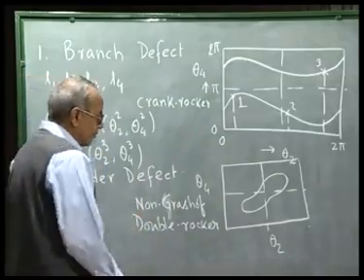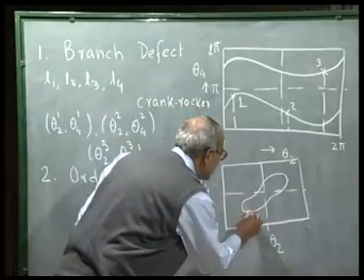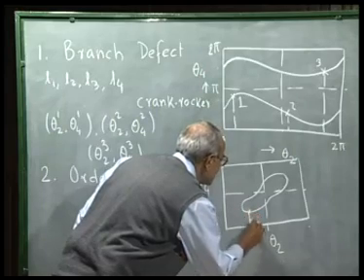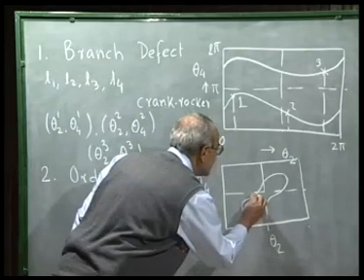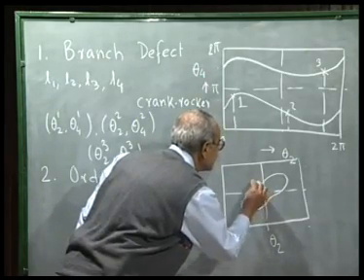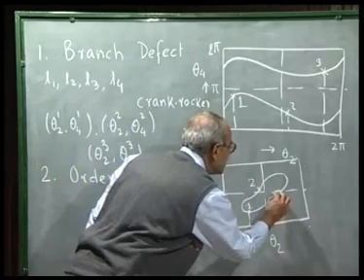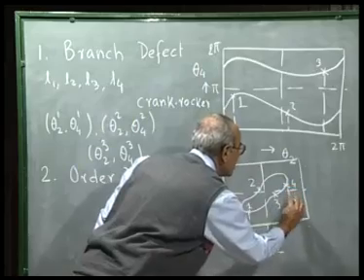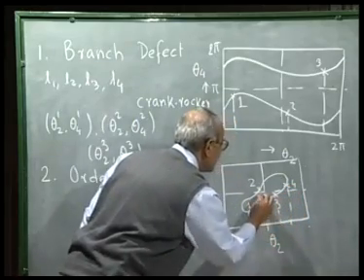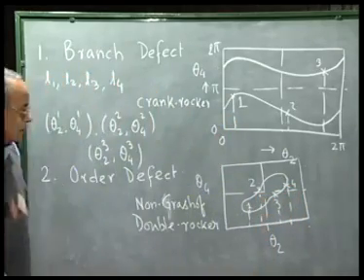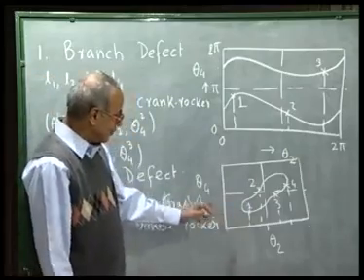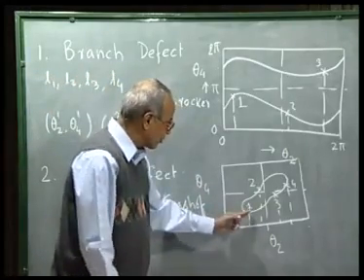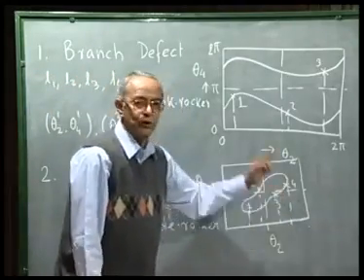But suppose we go for a 4 position synthesis, and the points are like this. This is point 1, this is point 2, this is point 3, and this is point 4. So, we want to attain these 4 combinations of theta 2 and theta 4, 1, 2, 3, 4.